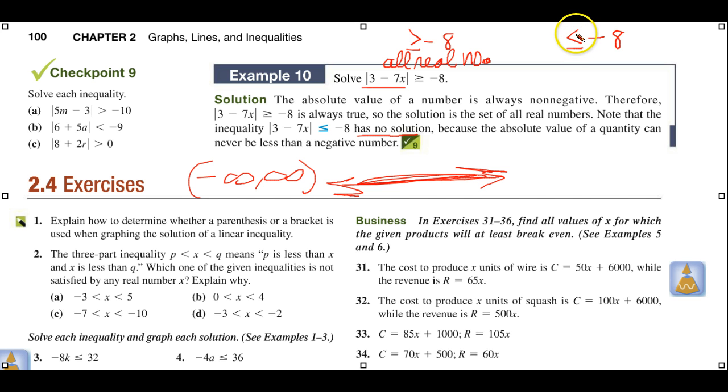So this would have been a conjunction. This is our disjunction sign. And here they're saying there cannot be numbers less than negative 8 that make this statement true. All right, you'll have your practice, and I guess we're getting ready for a test on Chapter 2.